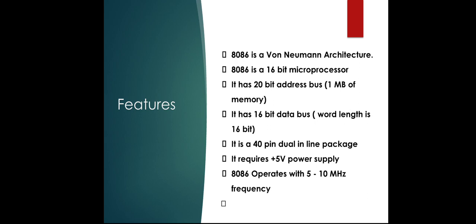The 8086 microprocessor is a 40-pin dual inline package. Most microprocessors and microcontrollers are constructed with dual inline packages. The operating voltage of the 8086 is 5 volts and the operating frequency is 5 to 10 megahertz.